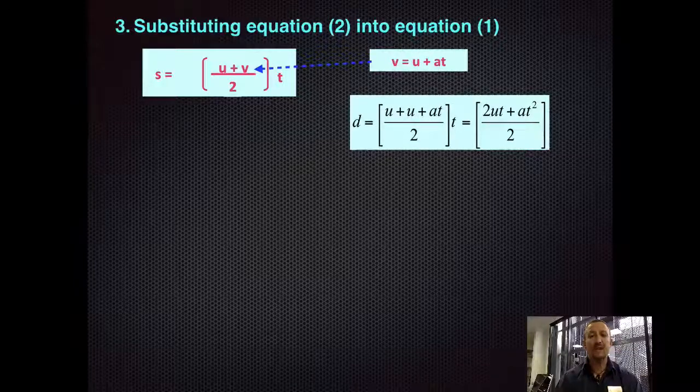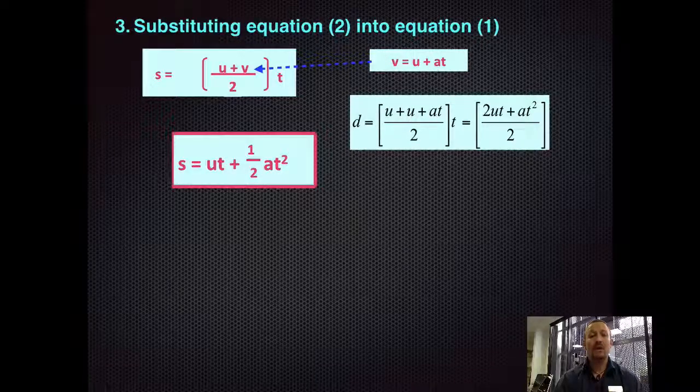When we simplify that, we get (2ut plus at squared) divided by 2. Remember, the 2's can cancel out for the ut term, and that leaves us ut plus a half at squared. So our third equation is s equals ut plus a half at squared.